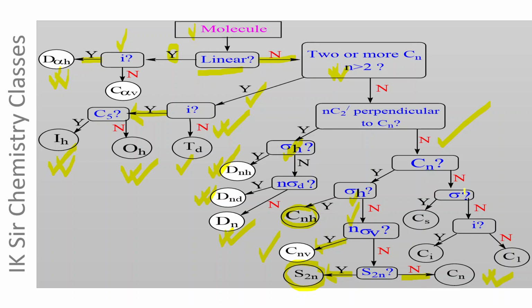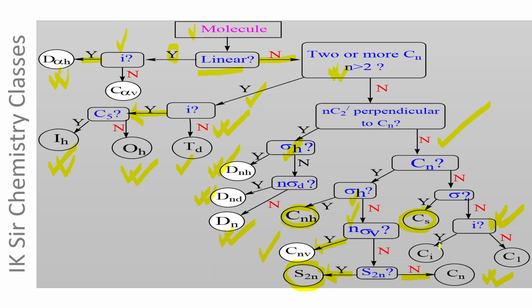If Cn is not present in the molecule, then we will see if a plane of symmetry is present in the molecule. If yes, its point group will be Cs. And if a plane of symmetry is not present in the molecule, we will see if a point of symmetry or center of symmetry is present in the molecule or not.